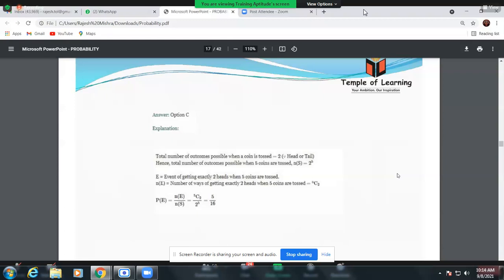Probability is always the ratio of favorable upon total. Favorable is 5C2, which is 10, and 2 to the power 5 is 32. So the simple ratio becomes 10 upon 32, which becomes 5 upon 16.